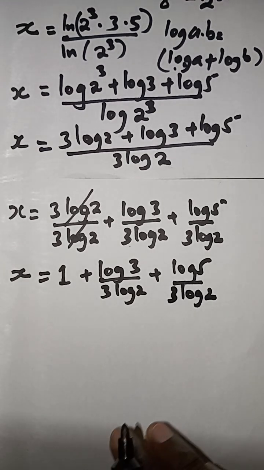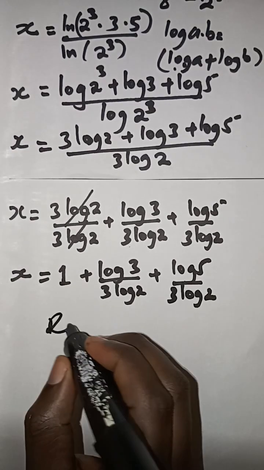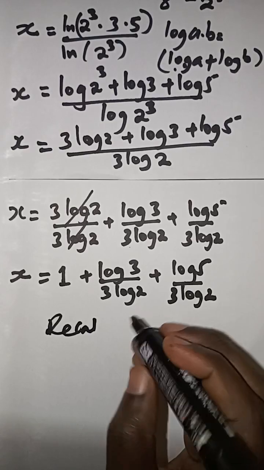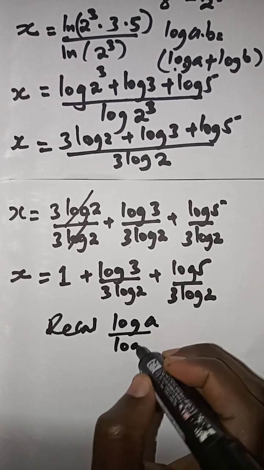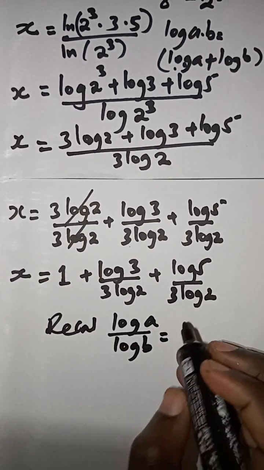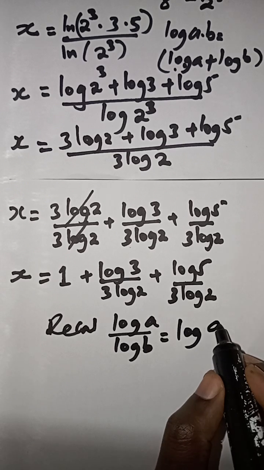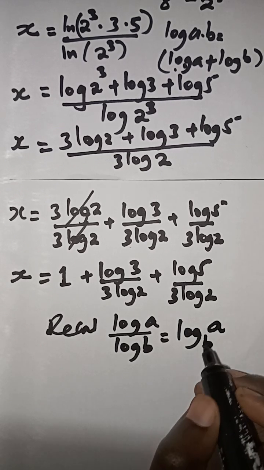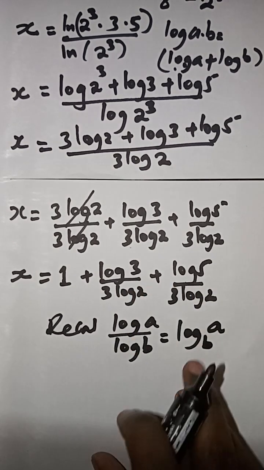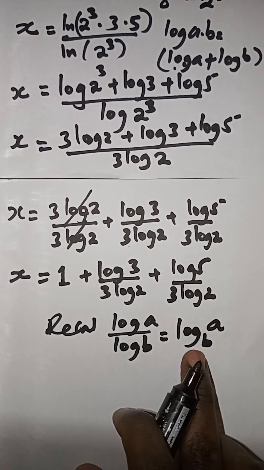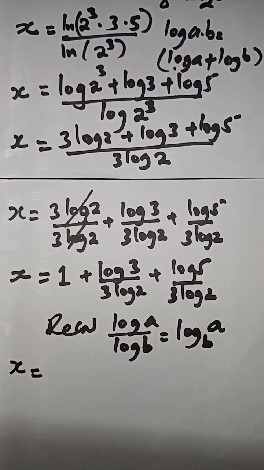So we are still simplifying this value. And you also need to recall again that wherever you have the log of A divided by the log of B, this can be written under a single log as log of A to the base of B, meaning I'm going to write this and this using this approach, so that x now becomes.